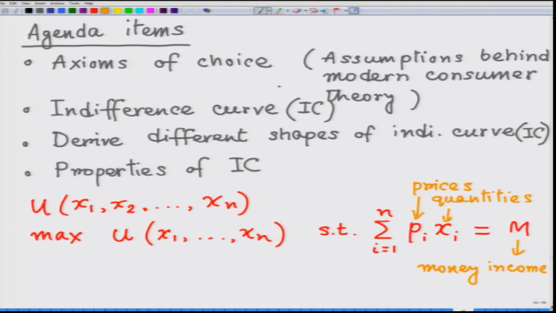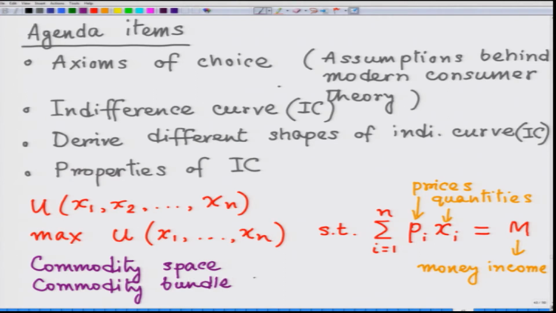Right. So, that is a consumer's utility maximization problem, and the consumer, as he or she derives utility from this n number of commodities, we can assume that there will be something called a commodity plane or space, and there will be something called commodity bundle.